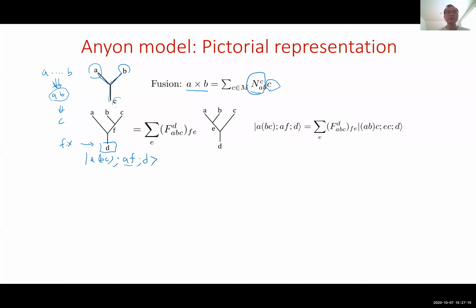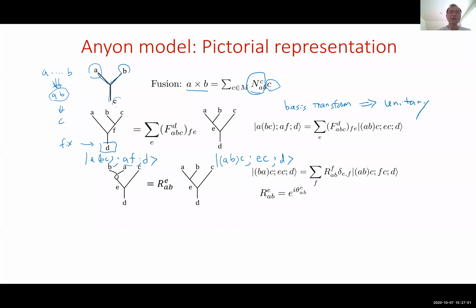So I use this as a basis, but there's also another basis where I fuse A, B first, and become an E particle. Then I use the E and fuse a C anyon to a D particle. And there is a transformation between the two, and this is basis transformation. And for this, it has to be unitary. Okay.